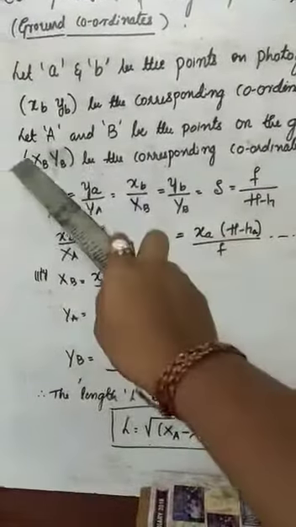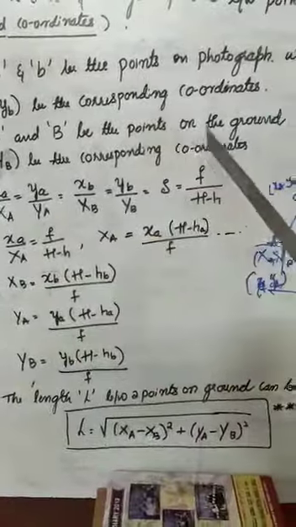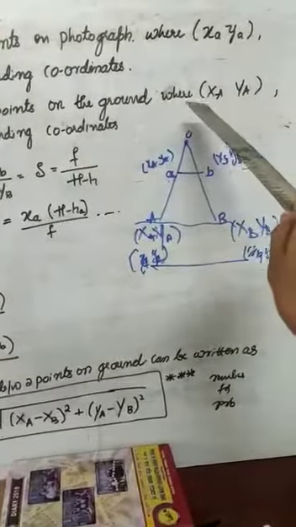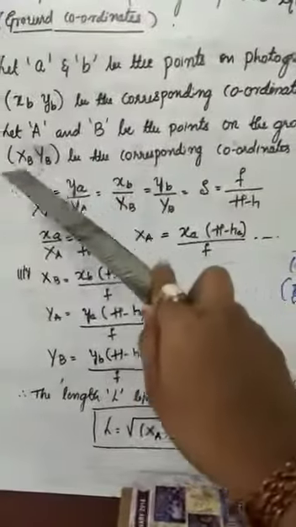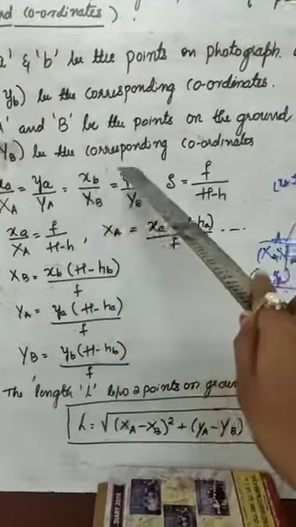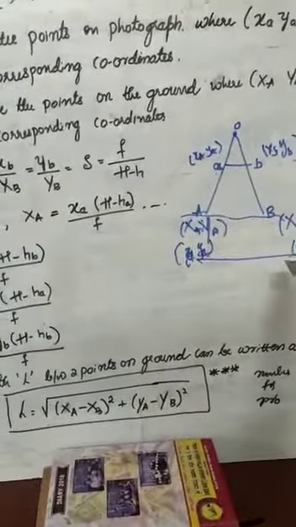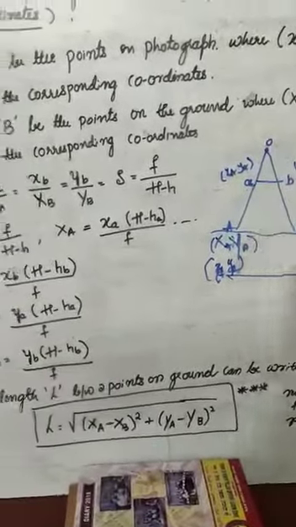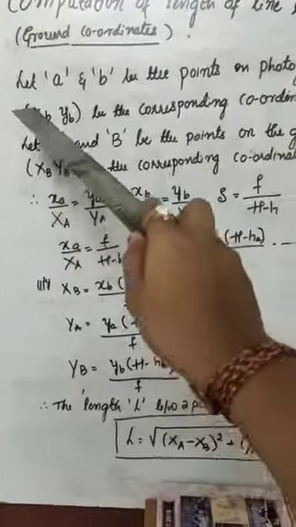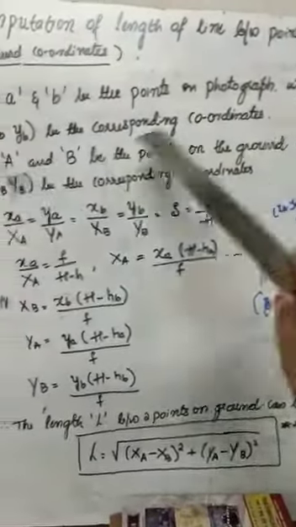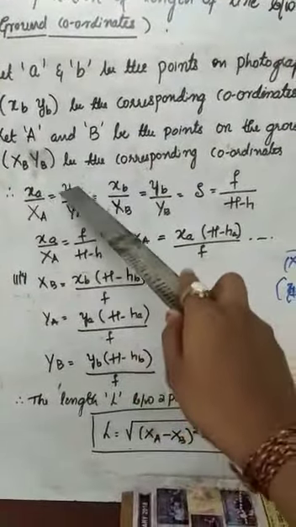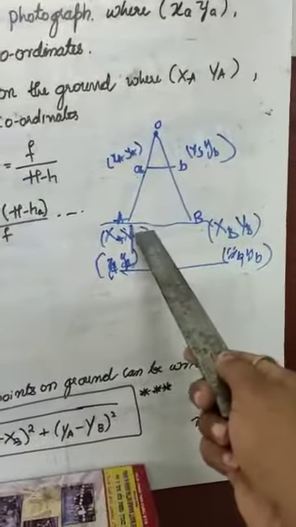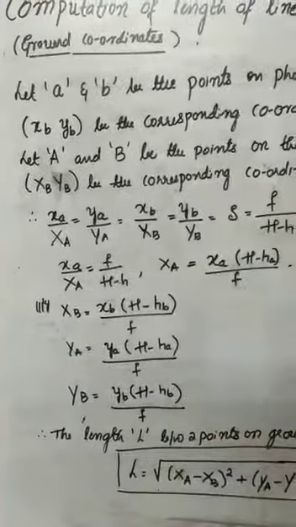Then the next one, let A and B be the points on the ground, that is capital A and capital B, where capital XA, YA and capital XB, YB are the corresponding coordinates. So from these four coordinates we can write small xa by capital XA, and so on, that is photo distance by ground distance. That is what we have written here.